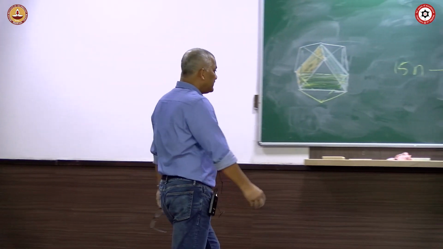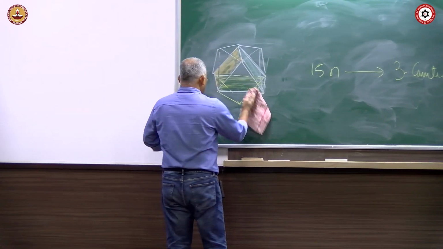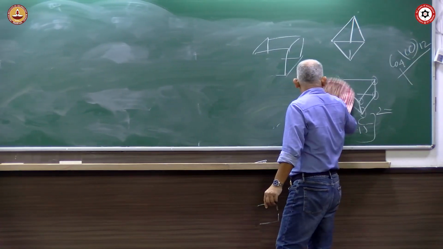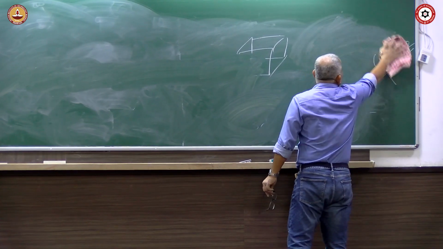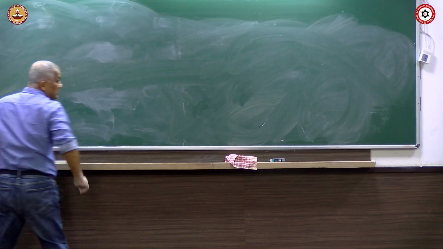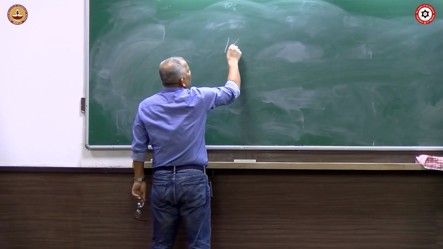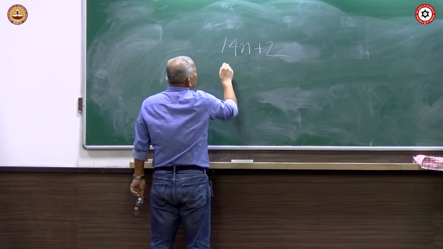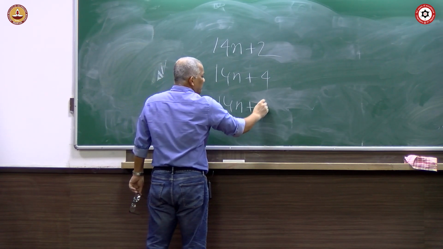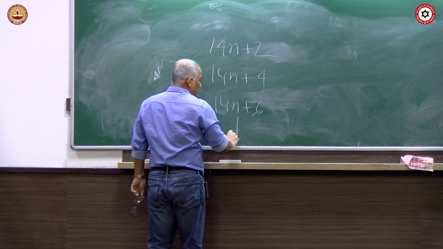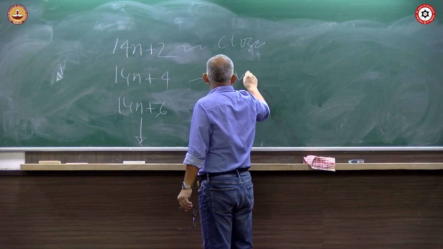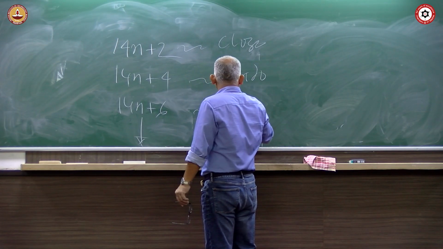The next ones are 14n plus 2, 14n plus 4, 14n plus 6, and so on. This is called closo, this is called nido, this is called arachno.